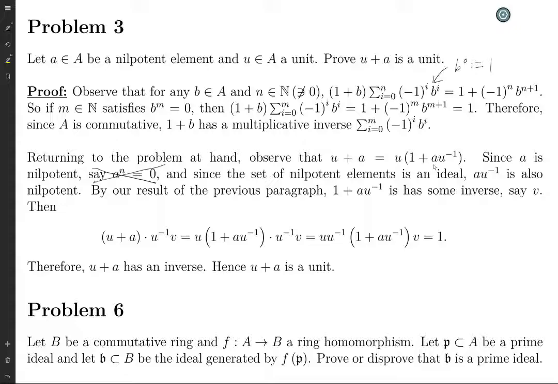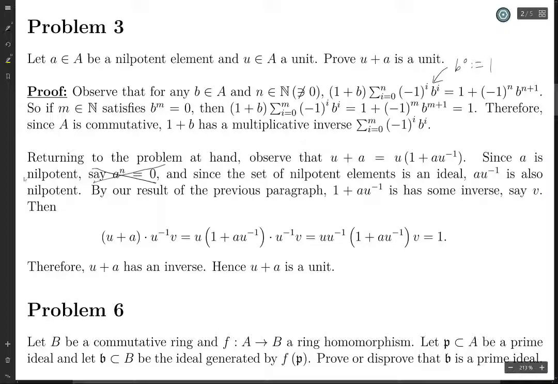But then I thought, wait a minute, we've already proven, either as another exercise or in class, or both, that the set of nilpotent elements is an ideal. So since it's an ideal, we don't need that calculation. We know A is nilpotent, and the set of nilpotent elements is an ideal, so A U inverse is also in that ideal, that is, A U inverse is also nilpotent.